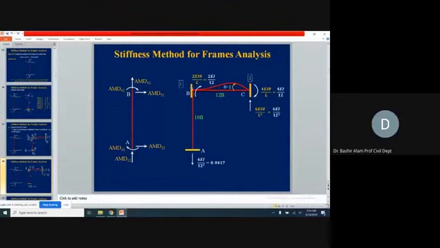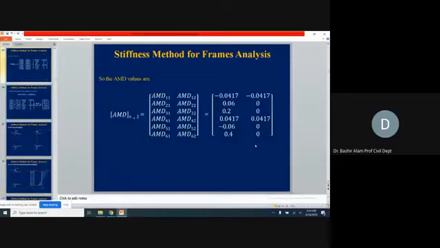AMD 4,2, it is in the same upward direction here, this reaction. From where it is coming, it is actually coming from BC. Here it was downward, so at B for member AB, it is in the upward direction. And similarly, AMD 6,2 is equal to 0. And this way now we have completed this AMD matrix.